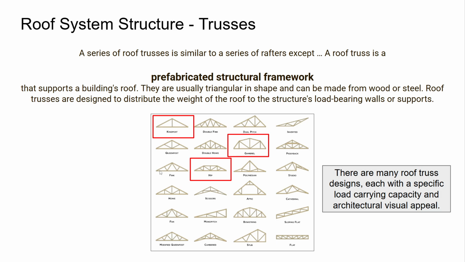So now there's trusses that are pre-made, and you can see there's every kind of truss you can think about. But around our area, most are either king post, sometimes queen post, gambrel, and of course, hip. Those are the most common ones. They're pre-made, and people like them because they're prefabricated in a shop, so everything's well controlled.